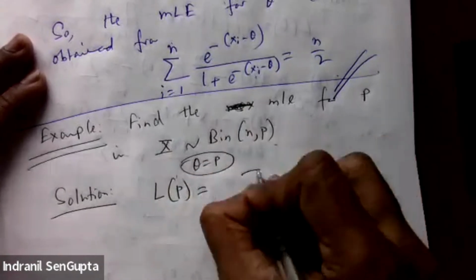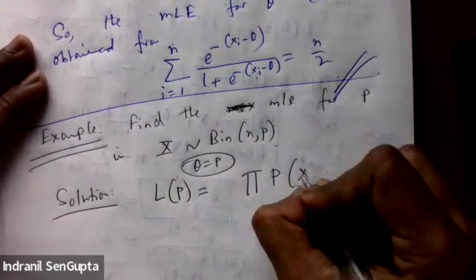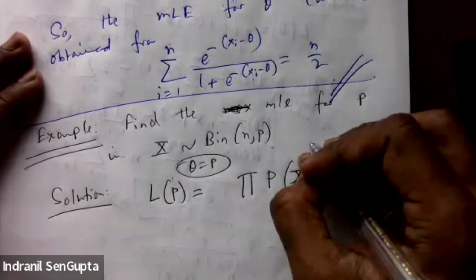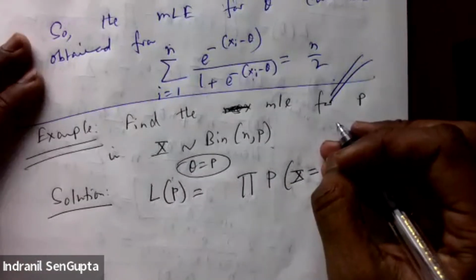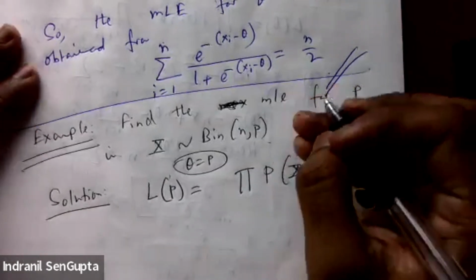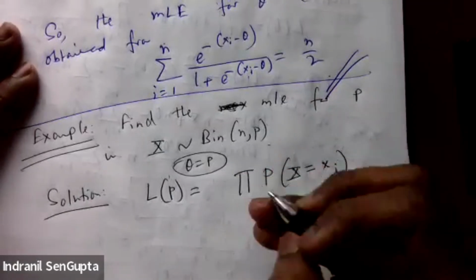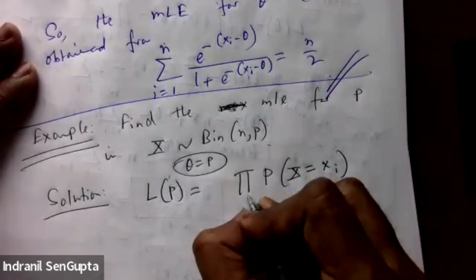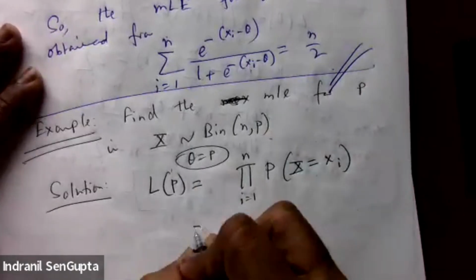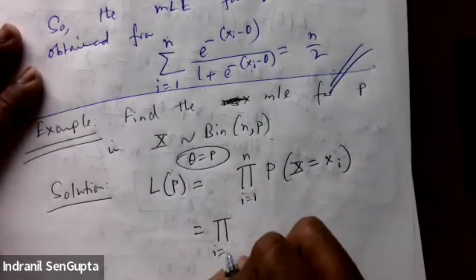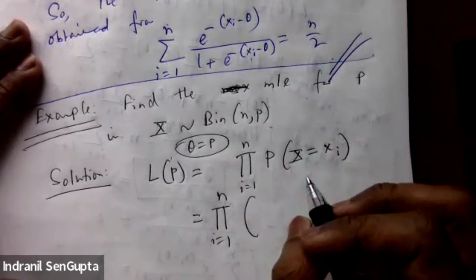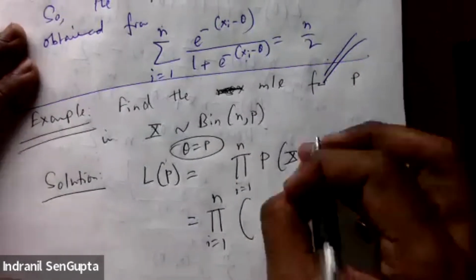L of p is the product of P of X equals xi, and so we have a total of n trials. I from 1 to n, right? So what is that? So this is going to be the product of i from 1 to n, and this quantity is, let's consider a sample.